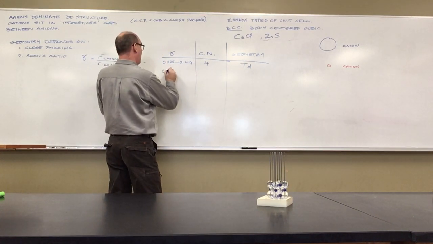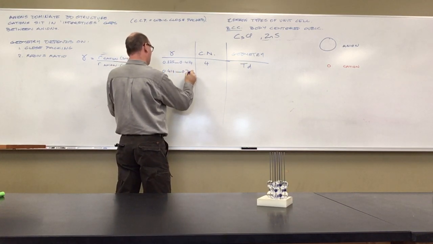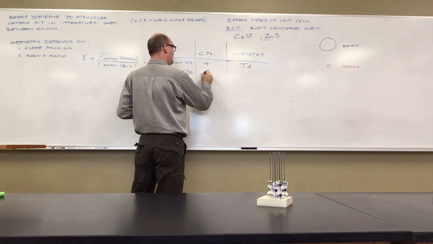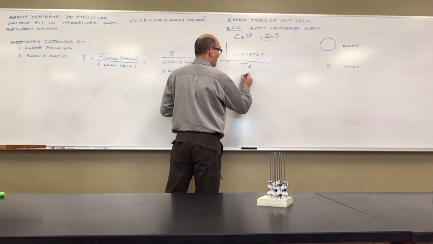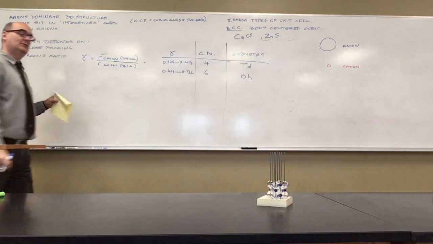If it's between 0.414 and 0.732, the coordination number is 6, and your geometry for your cation is now octahedral.